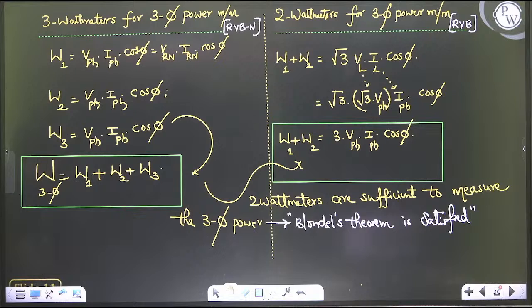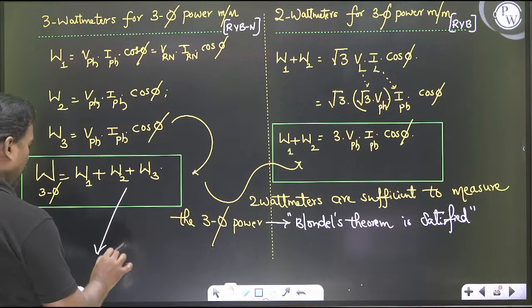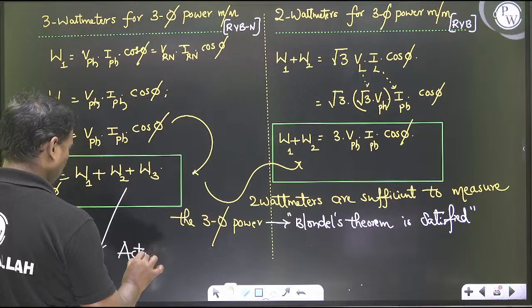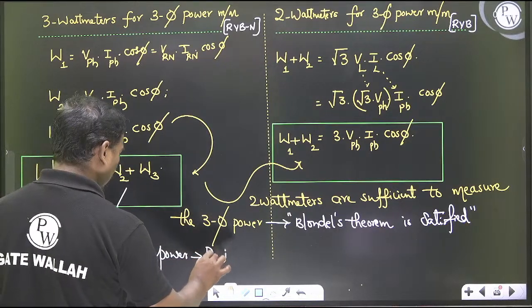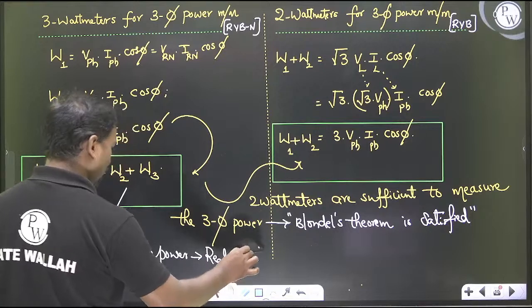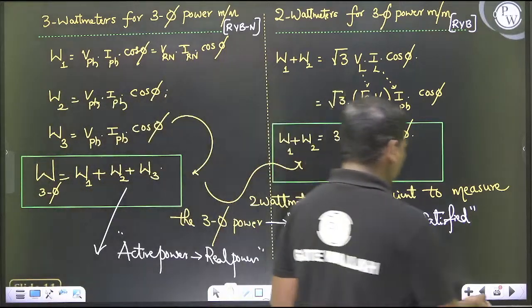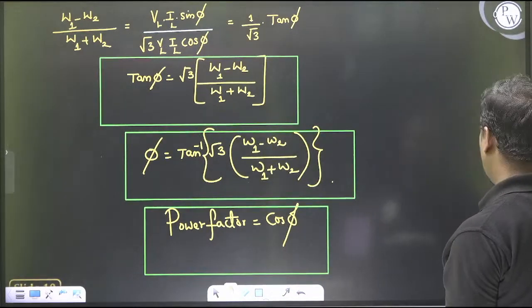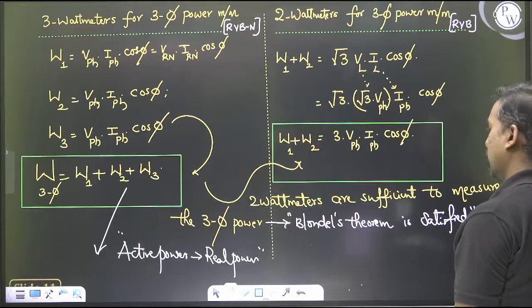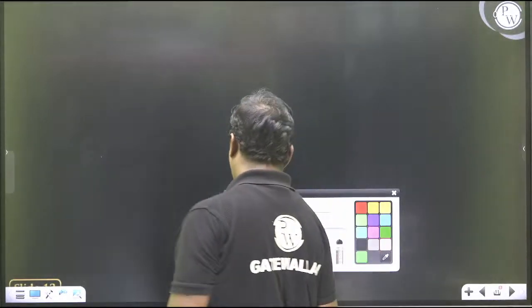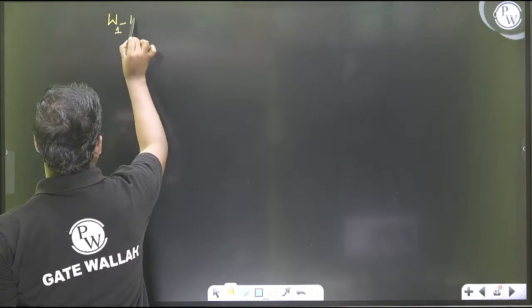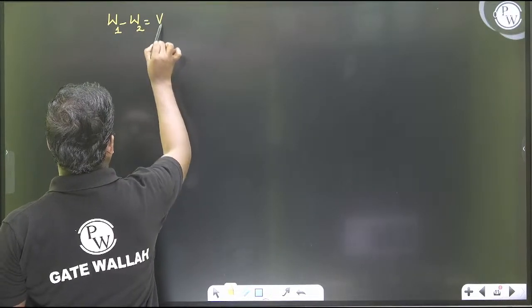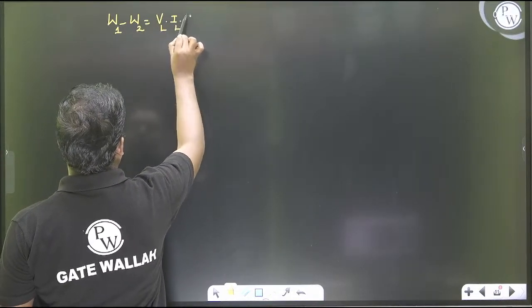ये है हमारा एक्टिव पावर। एंड सिमिलरली इफ यू सी दिस एक्टिव पावर, or we can also call it as real power. And if you see the W1 minus W2, so what is the W1 minus W2? That is VL IL sin phi. So W1 minus W2 क्या है, VL IL sin phi.